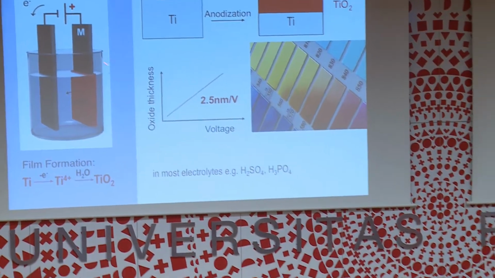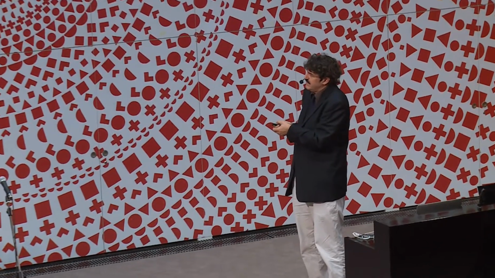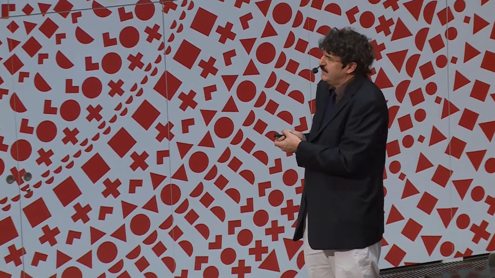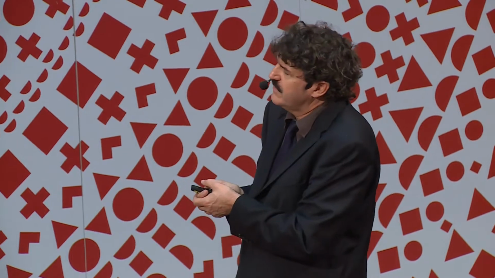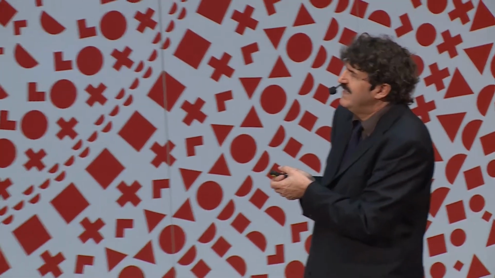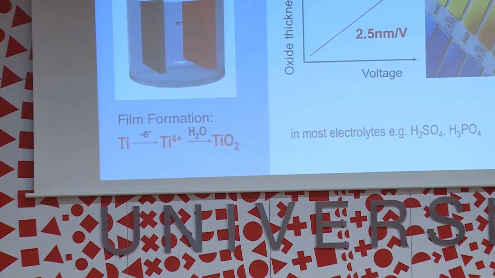Usually your metal gets oxidized to the corresponding metal ion, and then if the environment is suitable, the oxidized metal reacts with the environment, if it is water containing, to form an oxide layer on the surface.